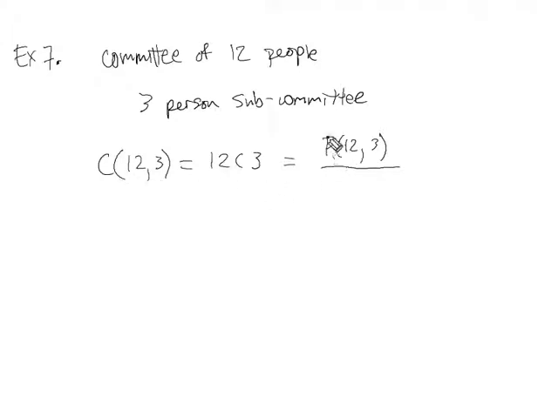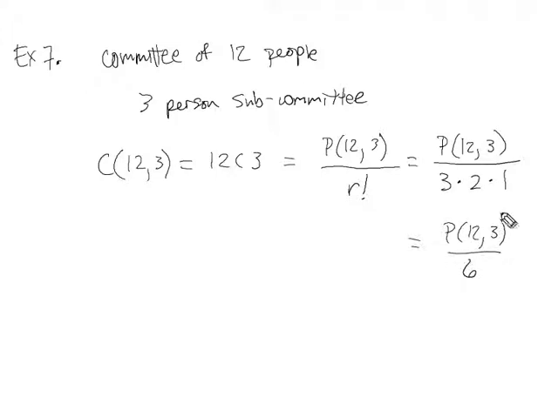We would divide the permutation with the same n and r by r factorial. In this case, r is 3, so we would say 3 times 2 times 1. We would divide the permutation by 6. Okay, so that's how they are related.